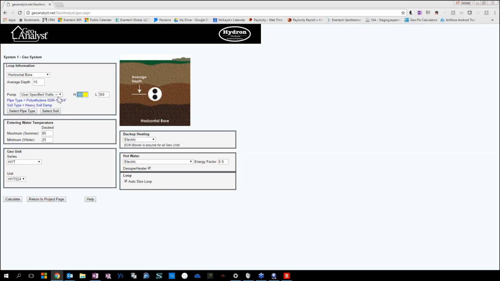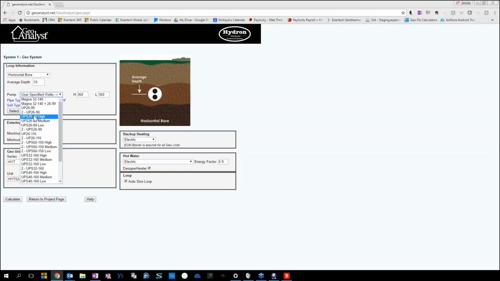Or if you have a hydronic job that has a lot of pumps, you may have quite a bit of pump wattage. So you might want to calculate your pump wattage and input that here under user specified watts, so that you can be sure to log those pump watts in the algorithm and the bin data.